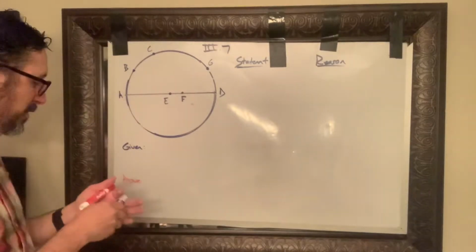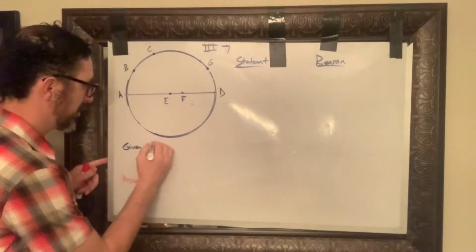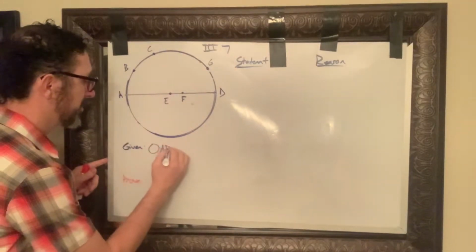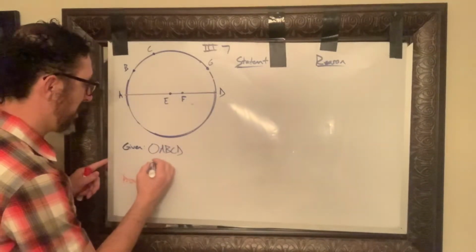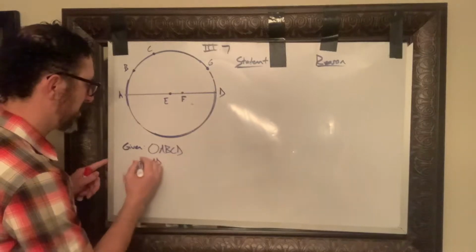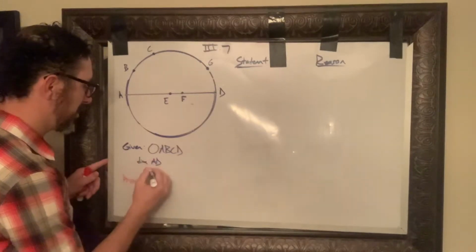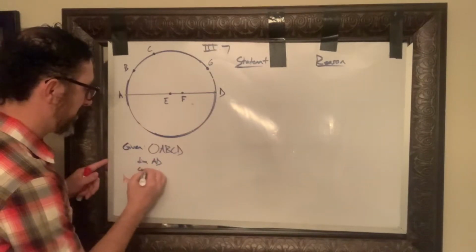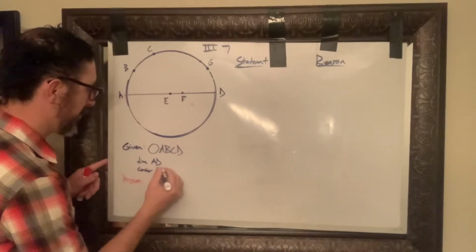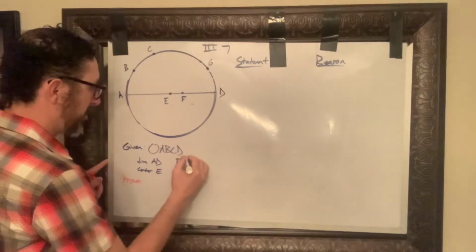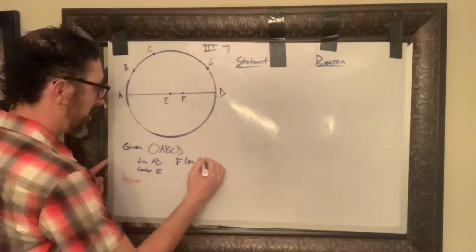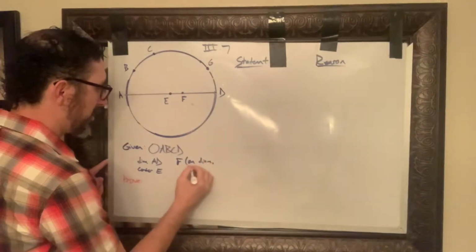We're given the circle ABCD. We're given diameter AD through the center. We're given center E, and we're given F, which is on the diameter, not the center.